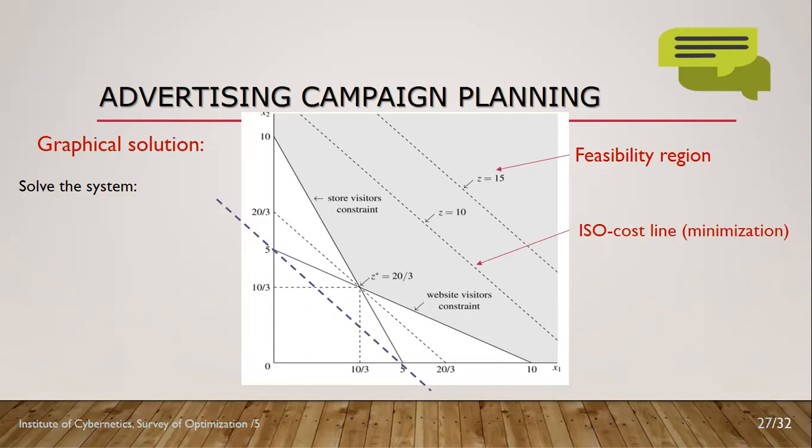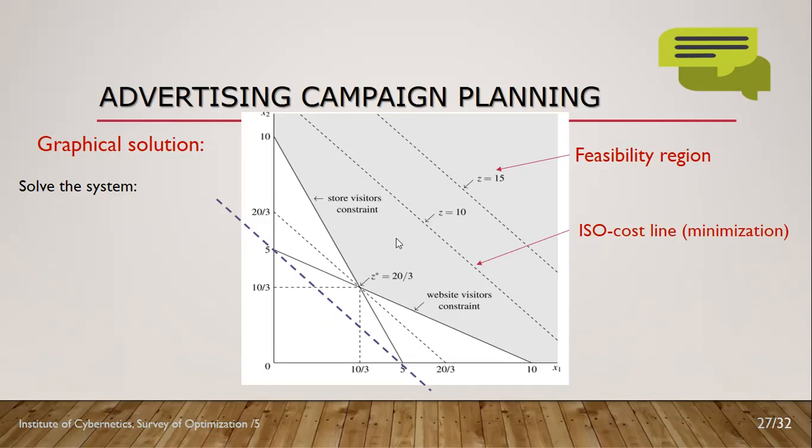So if we invest $15,000, it means that we can easily reach our goals. So we can see that there are plenty of feasible solutions with the budget value of 15,000. So we try to see if we can reduce the budget and still reach our objective. So this leads to another cost line of $10,000, which is still within the feasible region. Again, it produces an infinite number of solutions.